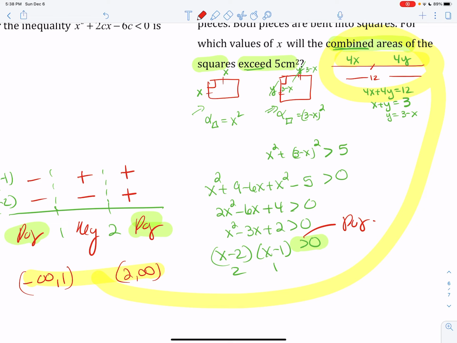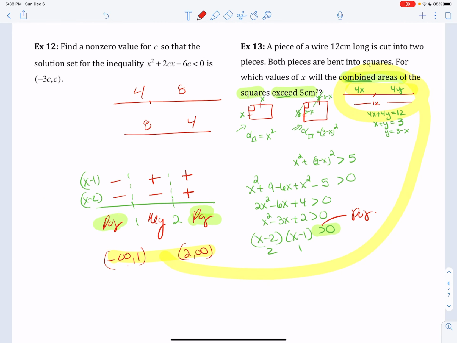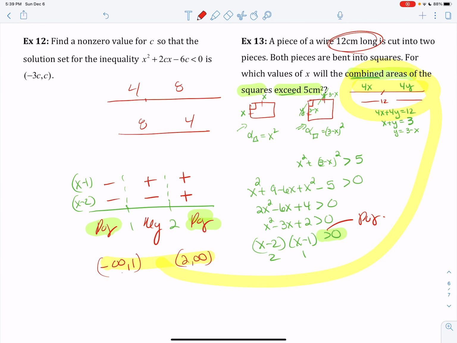If my x is 1, then I'm going to have, let me make my little wire here, my 2 pieces are either going to be a 4 and an 8, or an 8 and a 4, whether I'm plugging in my 1 or my 2 as my 2 critical key numbers. But also, I know that I only had a wire that was 12 centimeters long, so I cannot go off to positive infinity and I cannot go off to negative infinity.